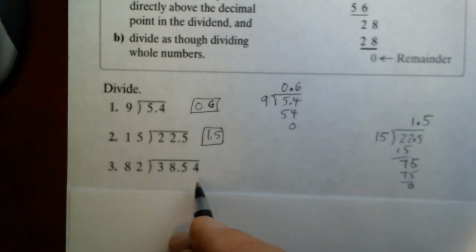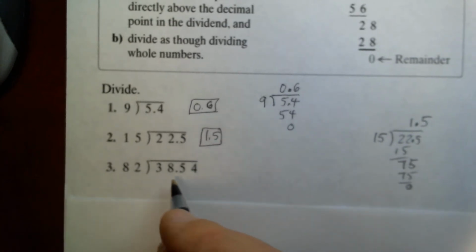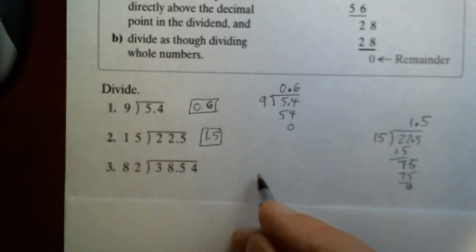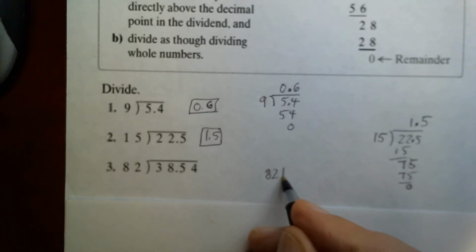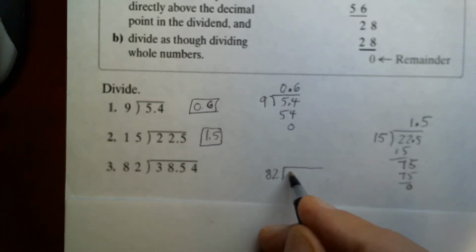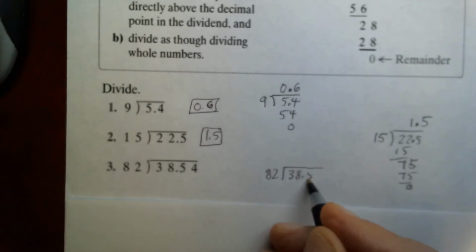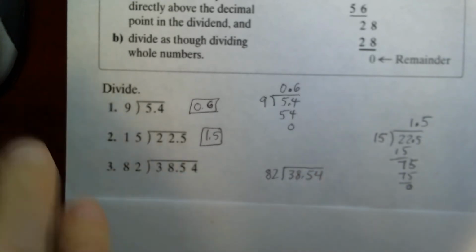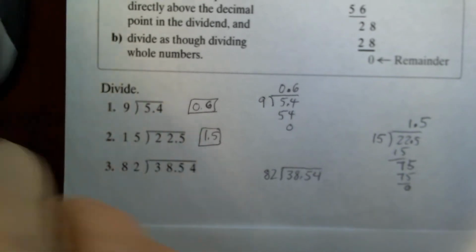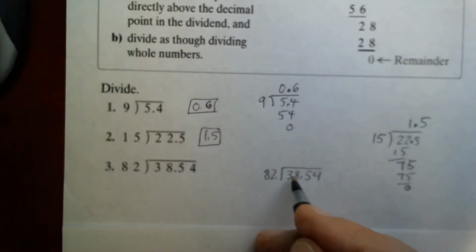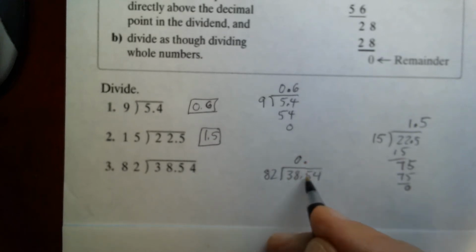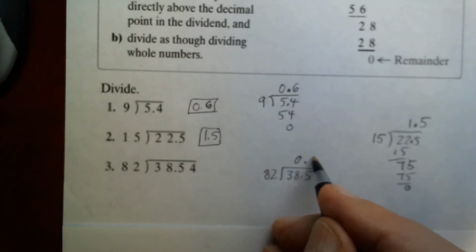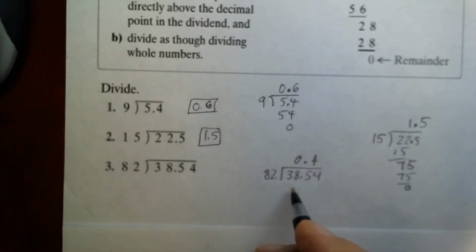And for number 3, when we divide 82 into 38.54, 82 into 38 is 0. That's the decimal point. Now 82 into 385, that is 4 times, and 4 times 82 is 328.